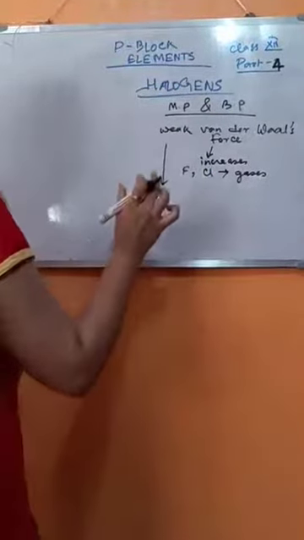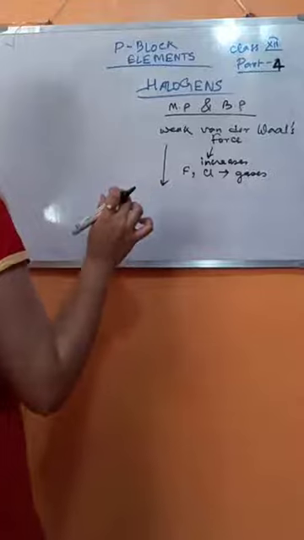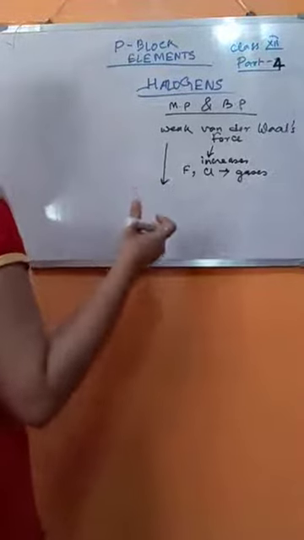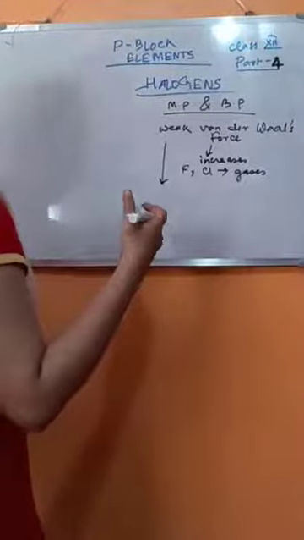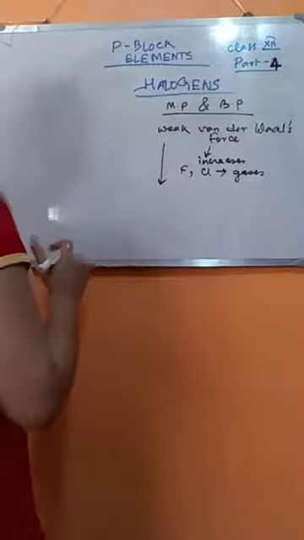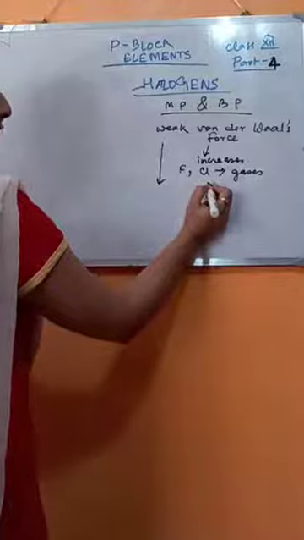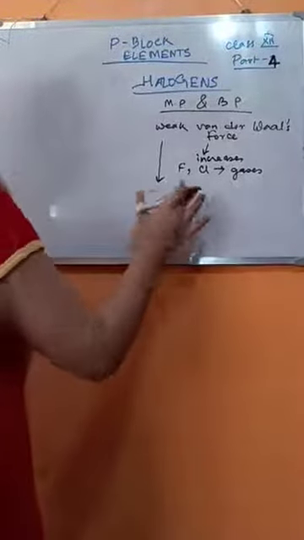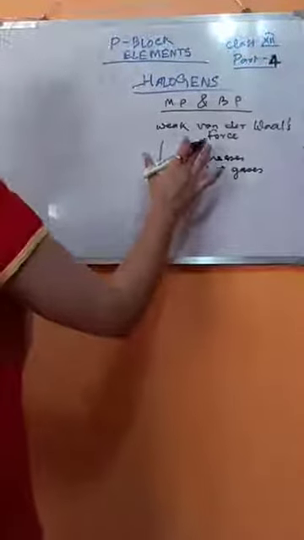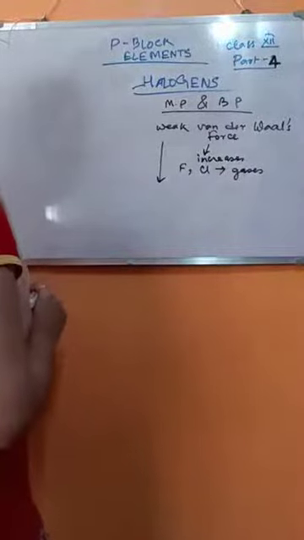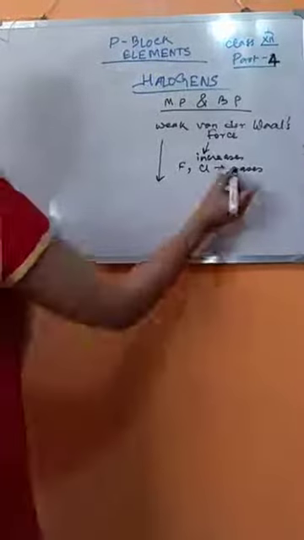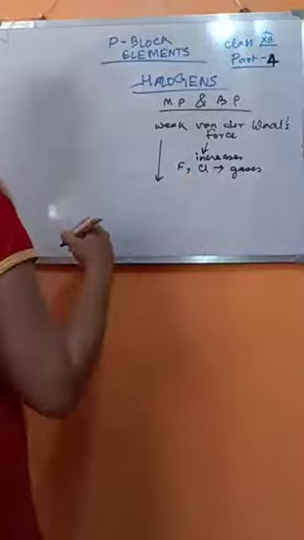So the space between the two atoms is more in case of chlorine and fluorine because of the less van der Waals force. So fluorine and chlorine are gases.